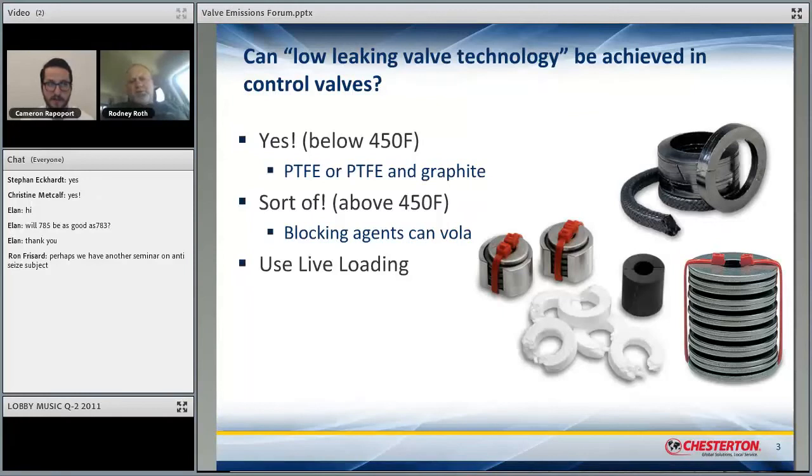Okay, well, first of all, you have to understand what we're talking about. There is no API test standard in the works or on the horizon for testing control valves. 6D is a part of 6A, which is a midstream and upstream design. Those are pipeline valves. Those may or may not be actuated.